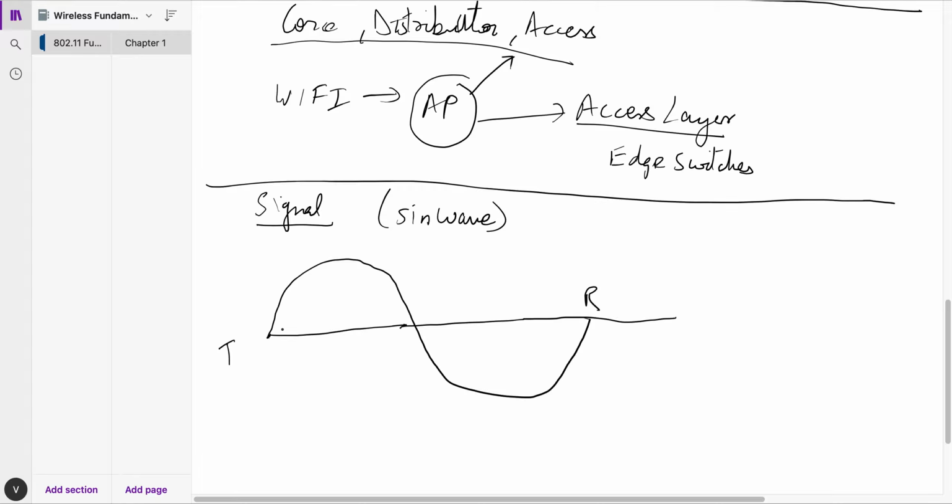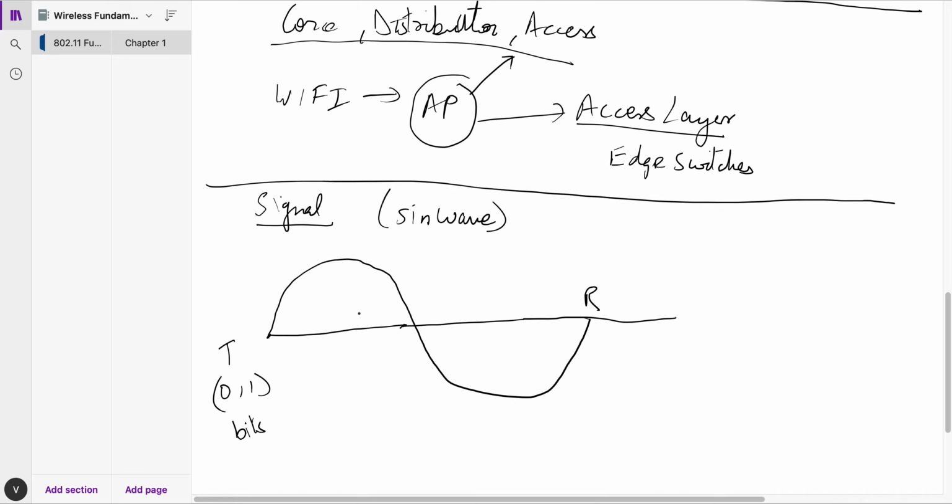Now, the transmitter wants to send some data to the receiver. Okay, and it will go in this wave, which is called a signal. Now, we understand that data has to be sent in zeros and ones. So whatever data we have to send, it has to be first converted to bits, zeros and ones, and then it has to be sent from the transmitter to the receiver through the signal.